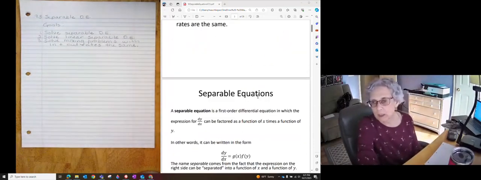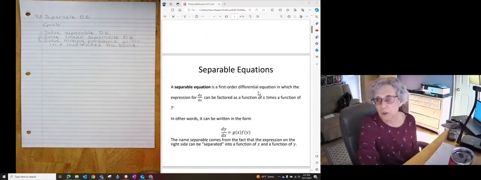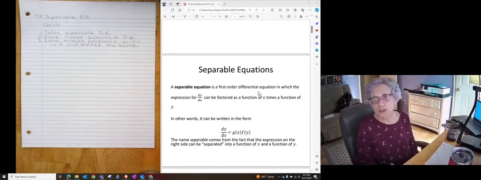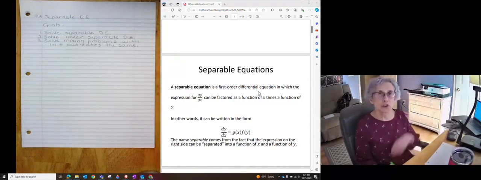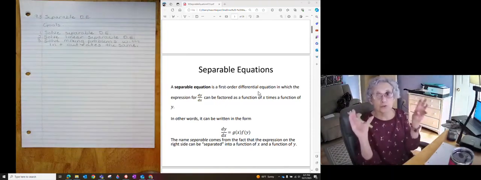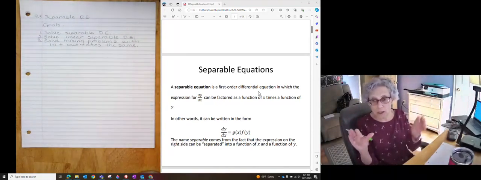when we do them. So, a separable equation is a first-order differential equation in which you can separate your two variables into two parts.